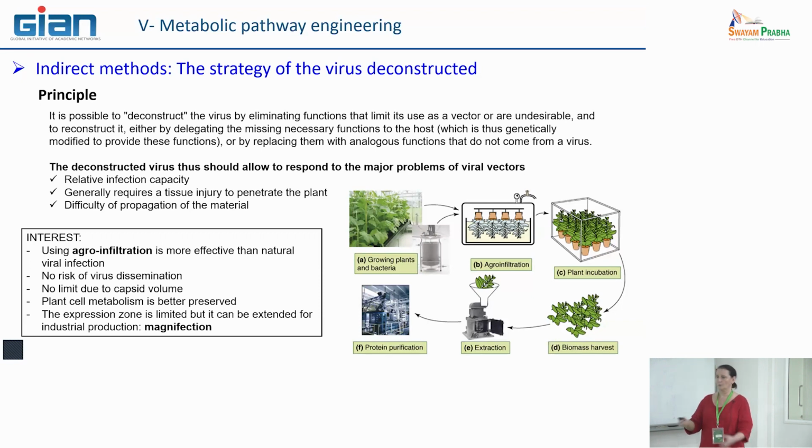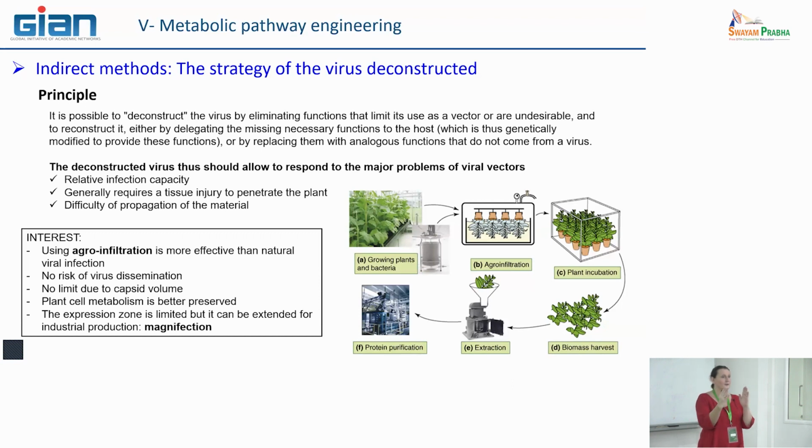After that, you pull off the agrobacterium solution. You wait for some hours, not necessarily a long time. It is time for the bacteria to release the T-DNA, to release the virus particles. They are not integrated in the genome. They stay outside the genome.